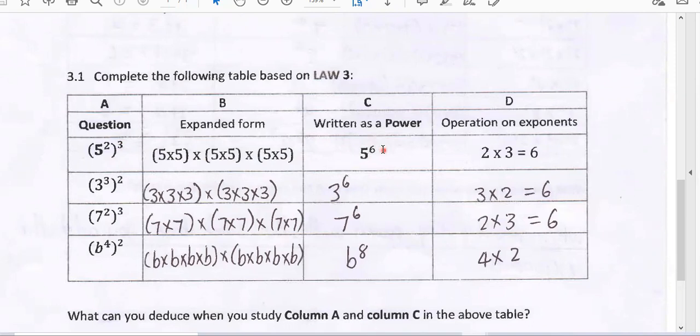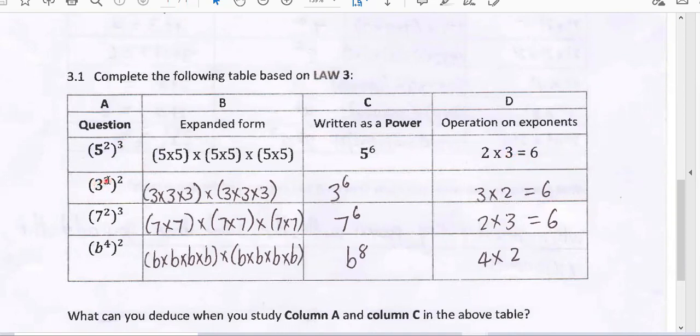How did we get 5 to the 6? So it was 2 times the 3. So you only multiply the exponents, which are 2 and 3. So 2 times 3 will give you an answer of 6.